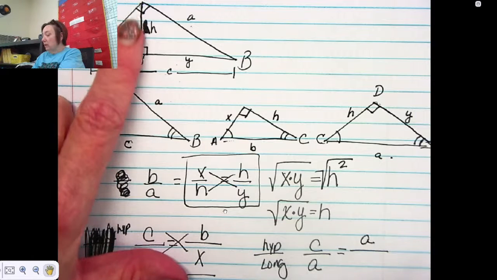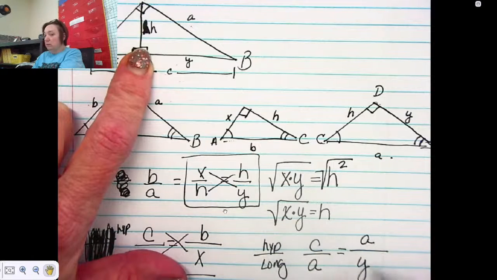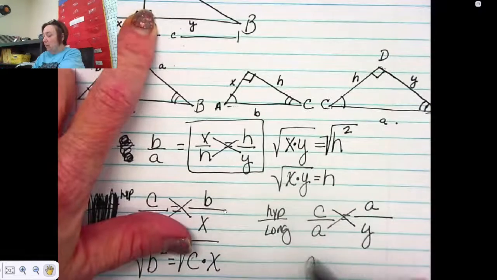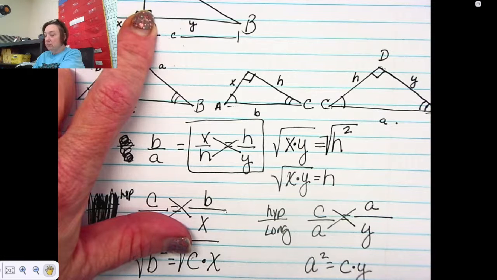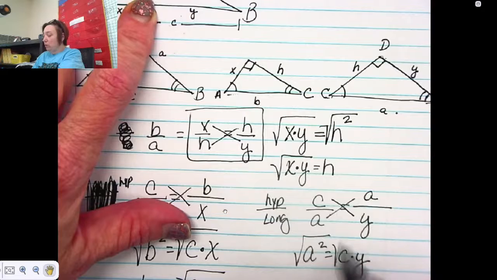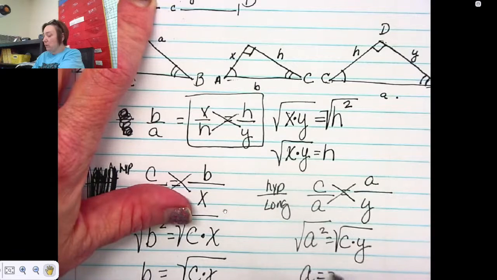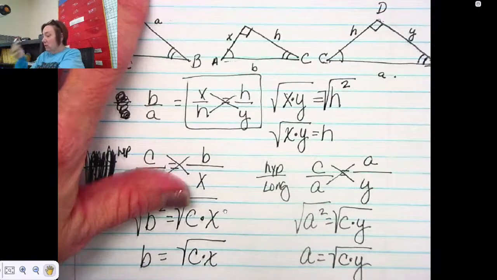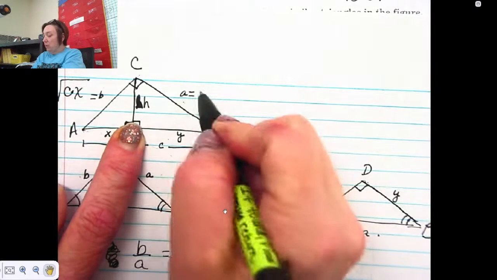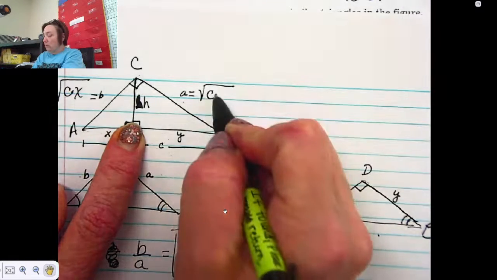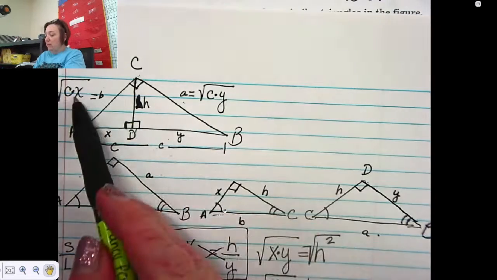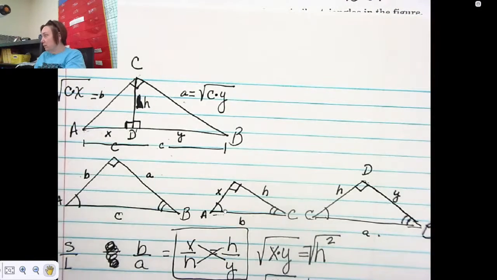And the long leg of the medium one, right? So if we cross multiply, we've got A squared equals C times Y. And then we take the square root of both sides to get A by itself. So if we're wanting to find this guy, we're going to do the square root of C times Y. This side is the square root of C times X.